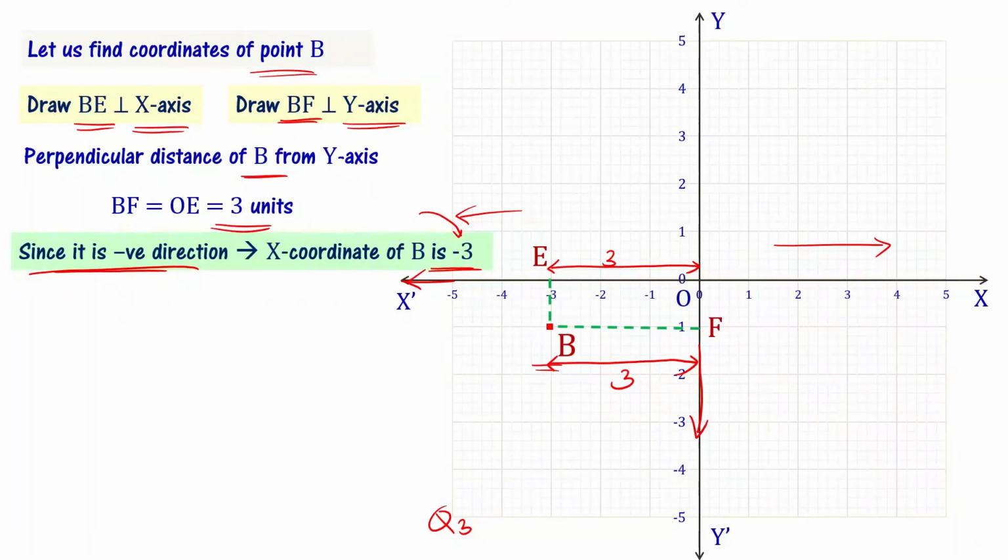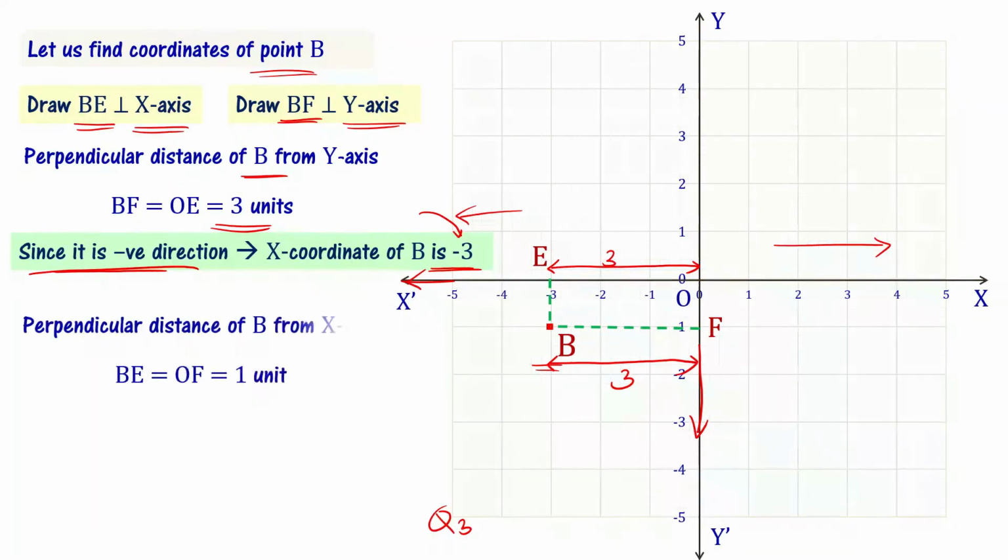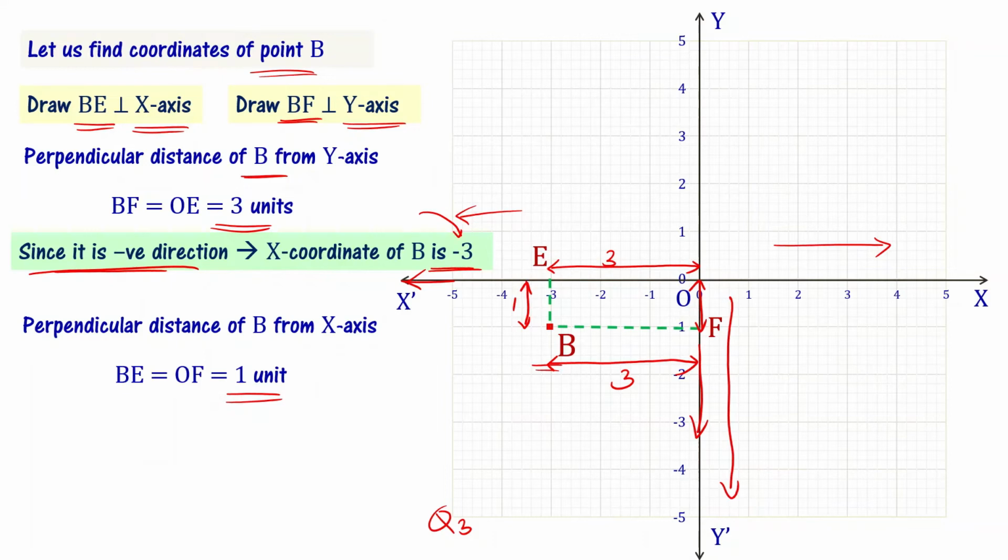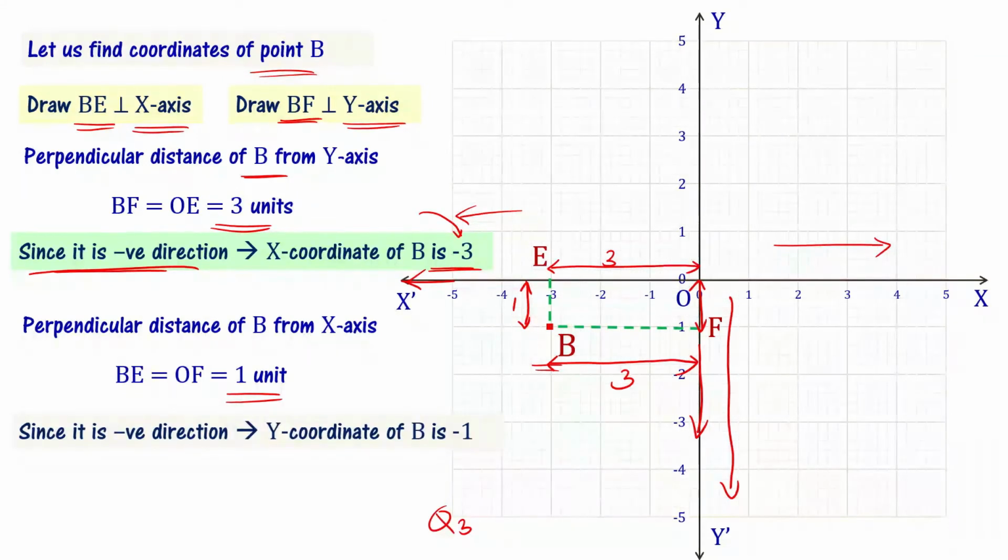Please note this. Now, let us see the perpendicular distance of B from the x-axis. What is the perpendicular distance from the x-axis to B? 1 unit, right? We can also call it the length of line segment OF. Here too, this is on the negative side of the y-axis, right? That's why we have to say the y coordinate of point B is minus 1.